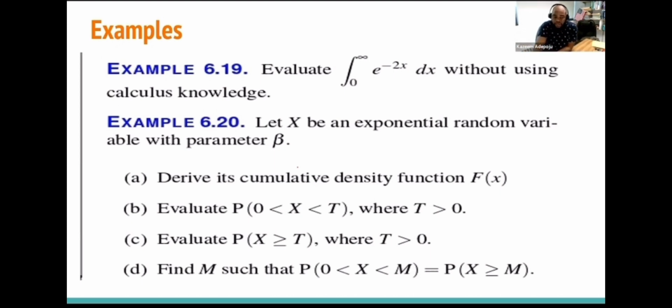And when you take a look at example 6.20, let x be an exponential random variable with a parameter beta. What I ask you to do now is to derive the cumulative density function.